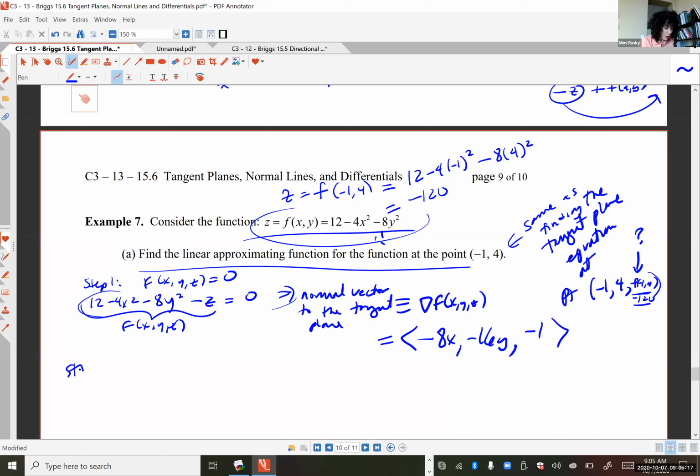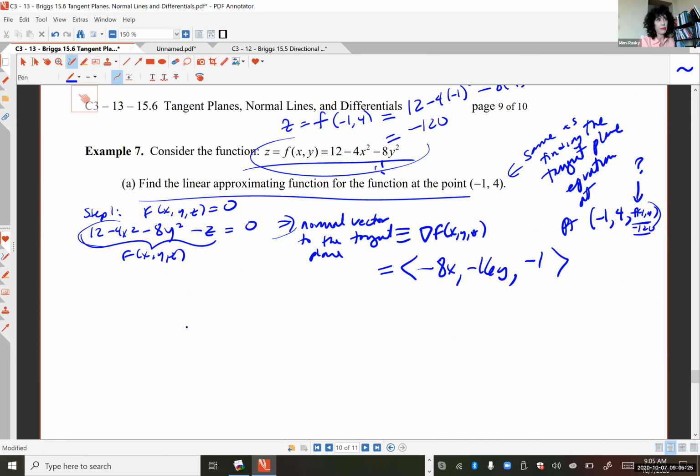So the standard equation for your tangent plane, well, wait a minute, we're not ready yet. Sorry, I'm missing a point. I'm doing this common student error. They give me a tangent plane with the normal vector not being a constant vector. So I do need to evaluate my gradient at the point -1, 4, -120.